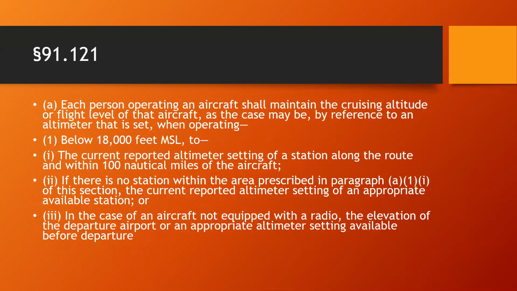Below 18,000 feet, you set it to the nearest airport, or to an airport that you departed from and knew the elevation at. So if you're at a certain airport and you know the elevation, you can dial that into your altimeter, or you get the current altimeter setting from a METAR or some other weather source. That's basically all it's saying.